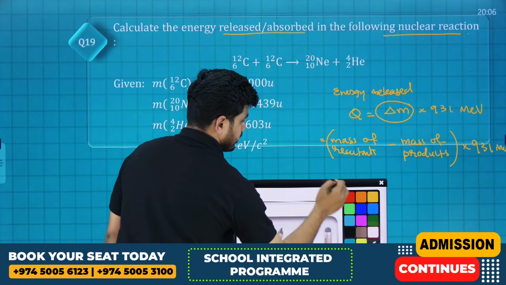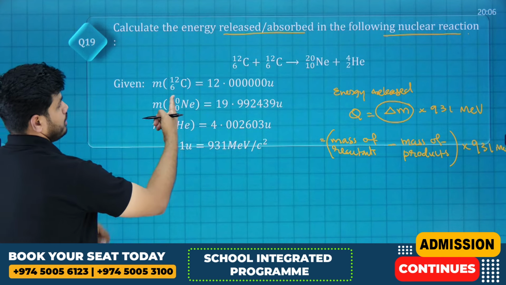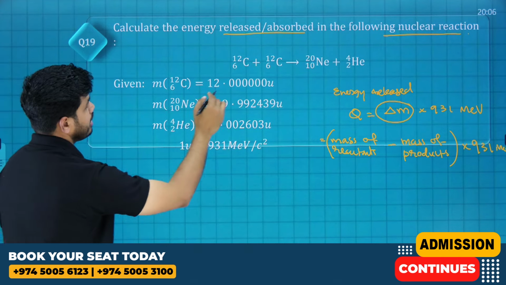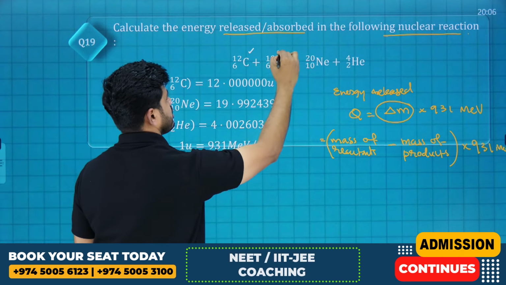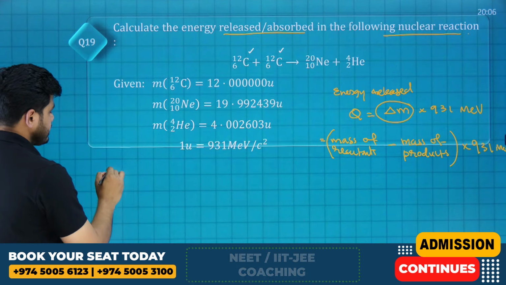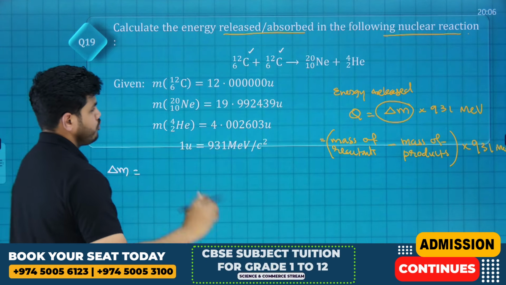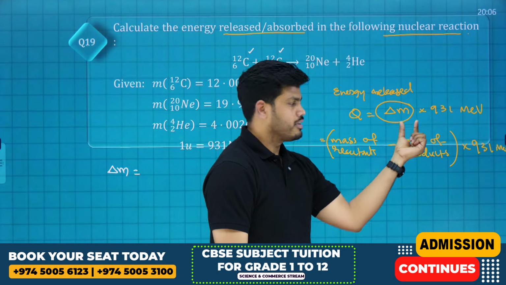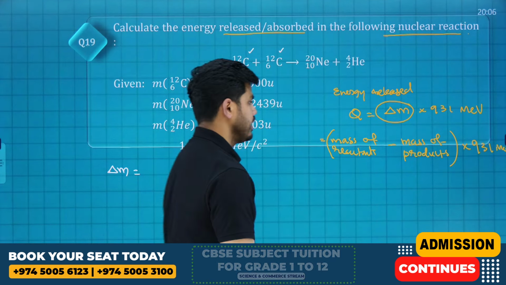In this question, you are given the mass of carbon 12. This is actually 2 times the mass of carbon 12. We will calculate delta M first, like in the previous question, and then multiply with 931 later.